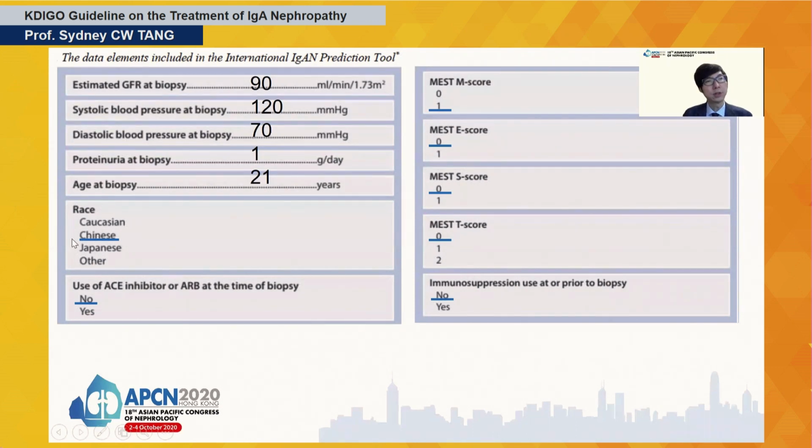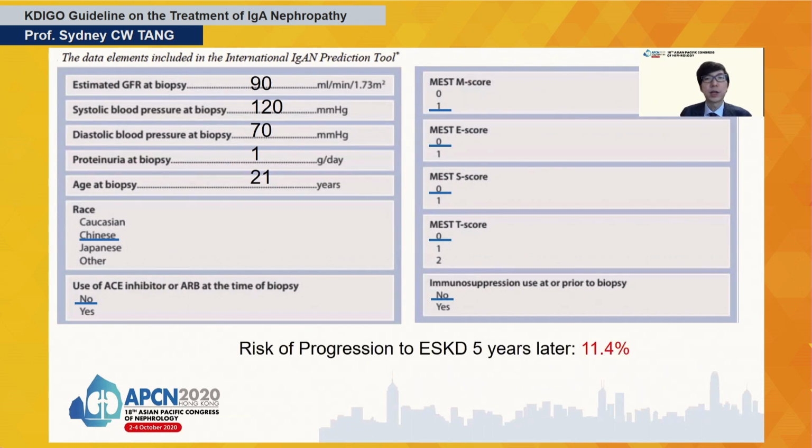And because I'm Chinese, I just picked Chinese here, and the patient was a new patient, so the patient was not on a RAS blocker, and the histology showed M1, mesangial proliferation, but there was no E, S, or T score on the biopsy, and the patient was also not receiving immunosuppression. So what would be the risk of progression of kidney failure in 5 years' time? This tool will tell you it is 11.4% roughly.